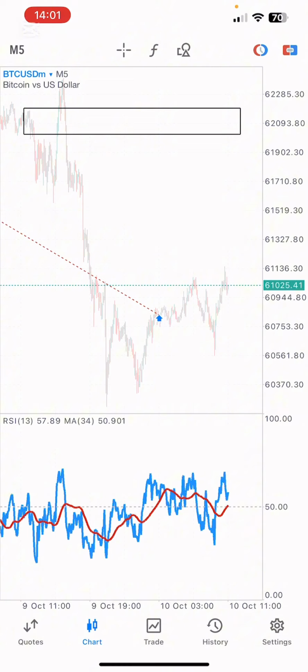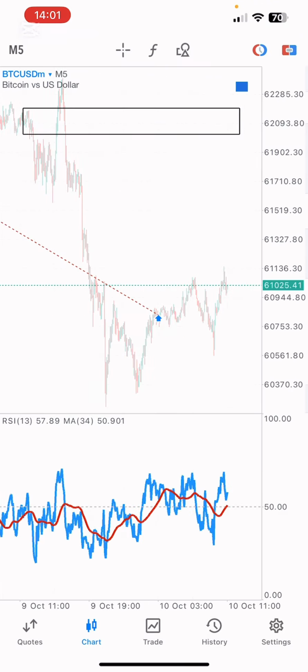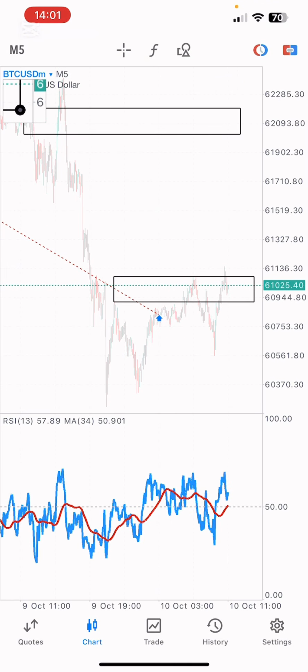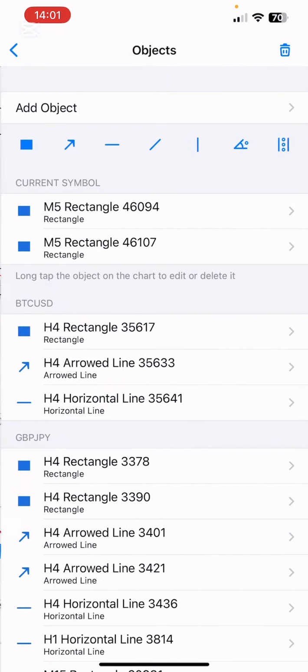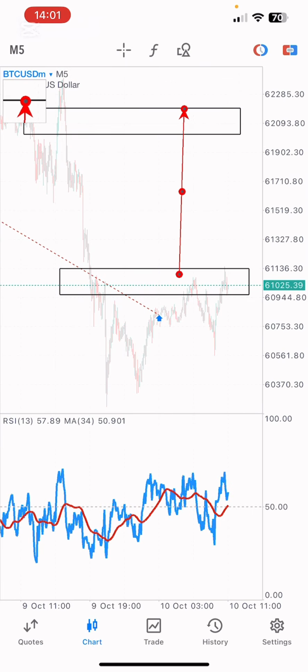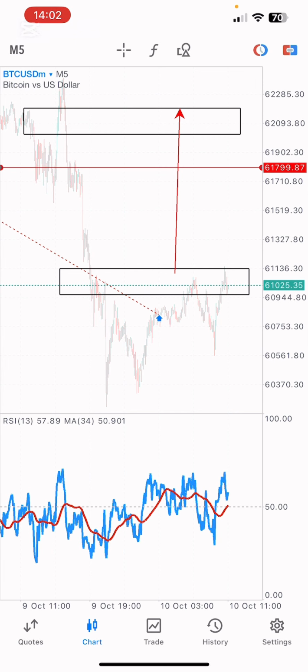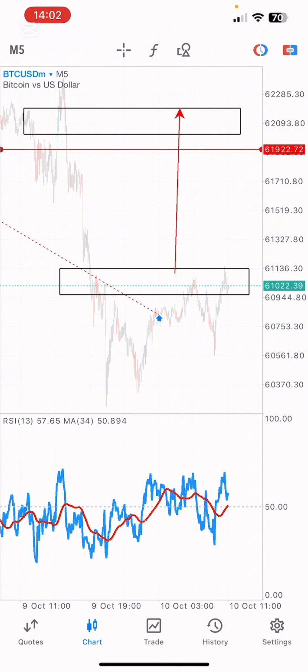So if price breaks this structure here, this is supposed to be your take profit. You are heading for this area. Ensure your take profit is not just close to this resistance area, because in the resistance there are going to be a lot of buyers and sellers waiting at that point. So you can just keep it halfway through.